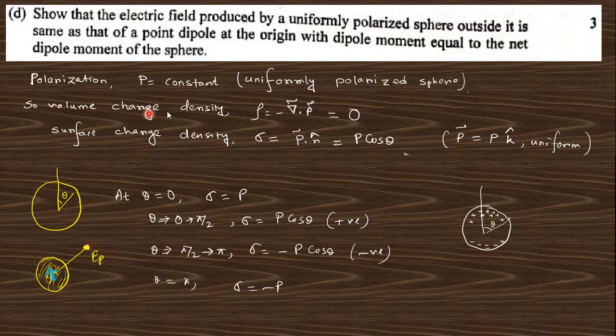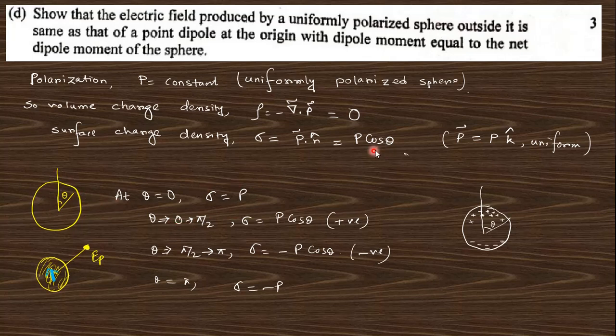The volume charge density, divergence of P, equals 0, because this is a uniformly polarized sphere, and sigma, the surface charge density, is P dot n cap, that is P cos theta. Since this is uniform, we can take P along the k direction. So at theta equals 0, sigma equals P.